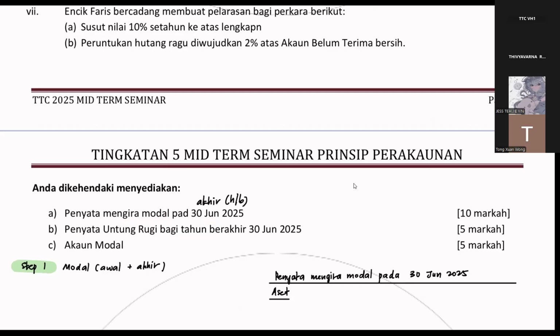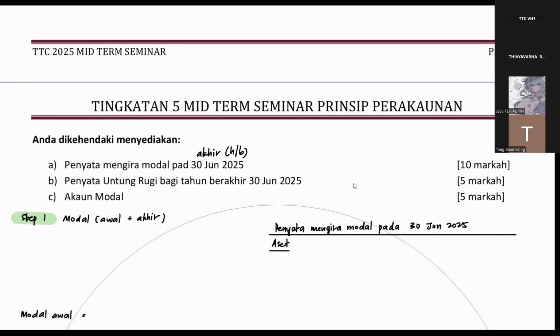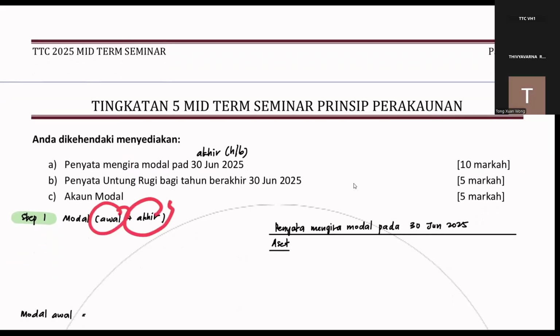Okay, but no matter the question, they only need us to prepare pernyataan mengira modal akhir, but you still need modal awal. So no matter how the question looks for kaedah perbandingan, the steps, the requirement, and the information that you require later will still be exactly the same. You still need both modal awal and also akhir.